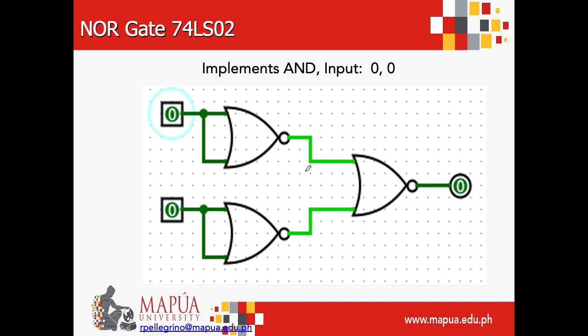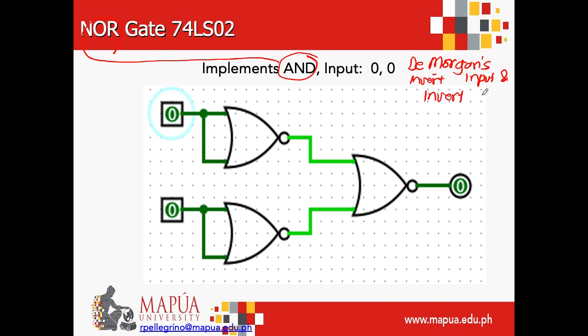So we have here the De Morgan's theorem of the NOR gate. For you to be able to implement AND using NOR, we will be using the concept of De Morgan. So De Morgan's theorem says that you have to invert the inputs and invert also the operation.